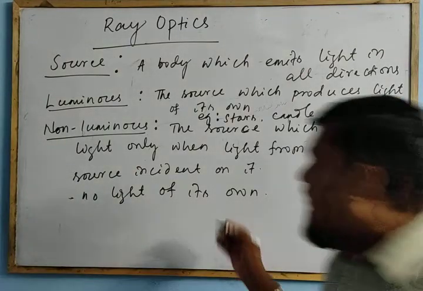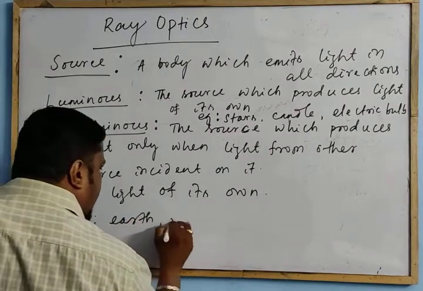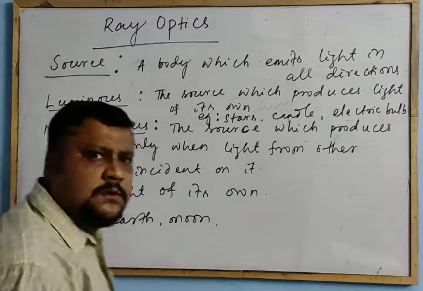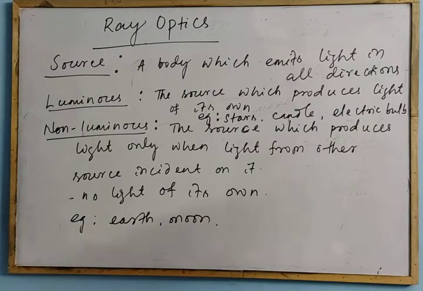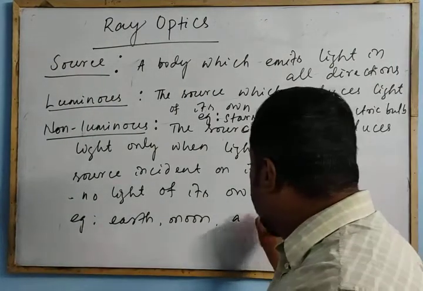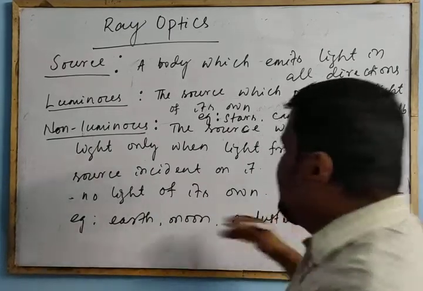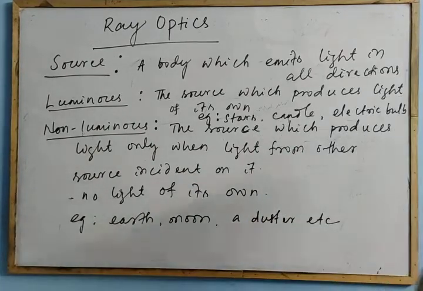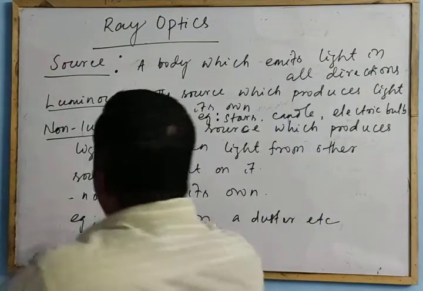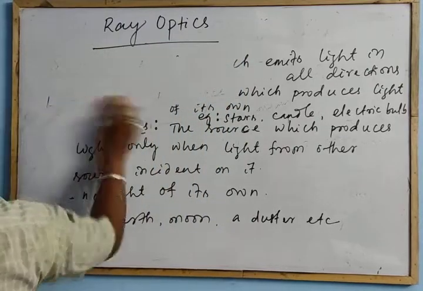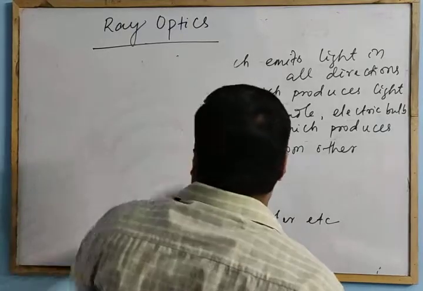Like the earth, moon, what we find in our body, a duster, etc. These are the non-luminous sources. So this is about a source, and you already know the concept of luminous and non-luminous. These are the terms that generally come in optics.